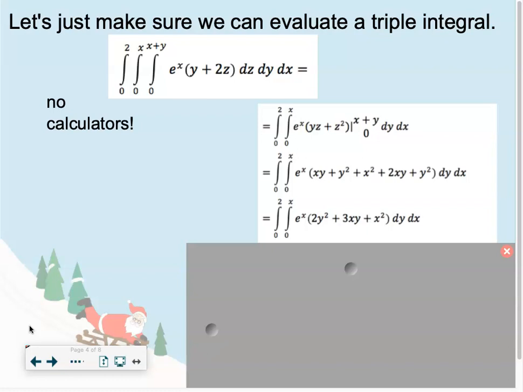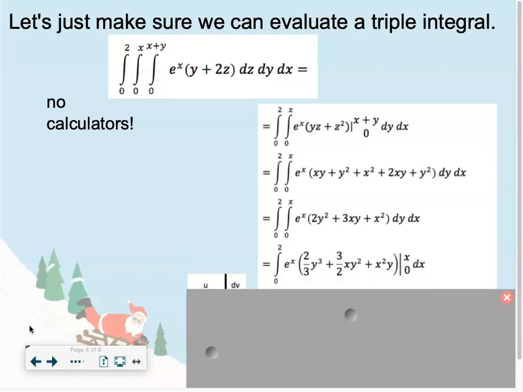Okay. Now we're going to integrate with respect to y. So now when we integrate with respect to y, you can just keep the e to the x out front. So you have 2/3 y cubed plus 3/2 xy squared plus x squared y. We're going from 0 to x, so now all of your y's become x's.